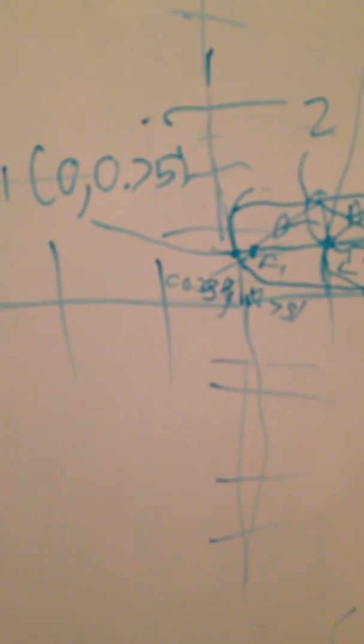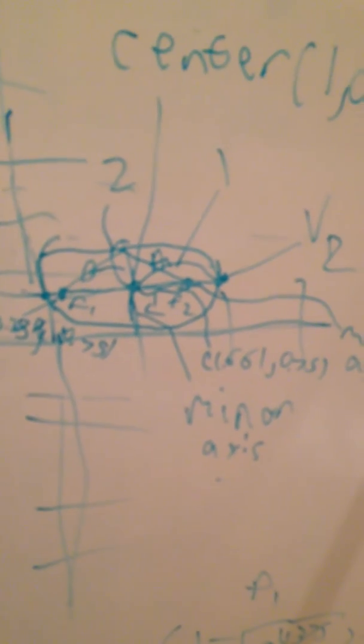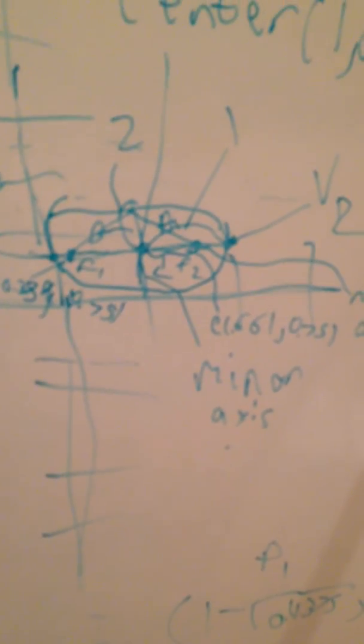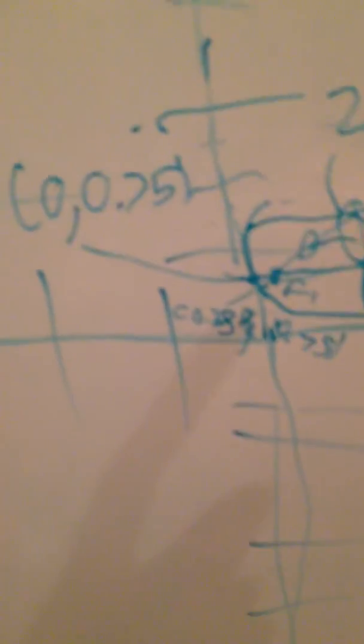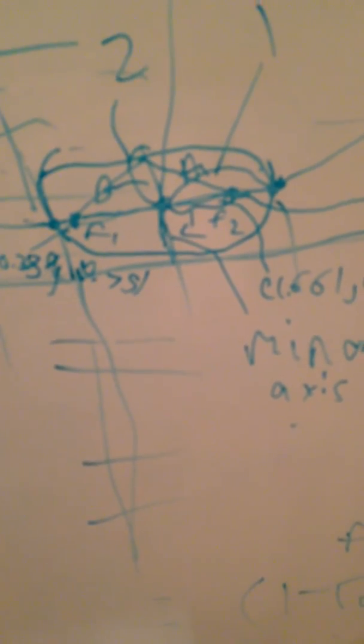So on the graph, foci 1 is (0.359, 0.75), and foci 2 is (1.661, 0.75). And you can see, now you can see the triangle. And also, from the center to either one of the foci, you could find the c value.